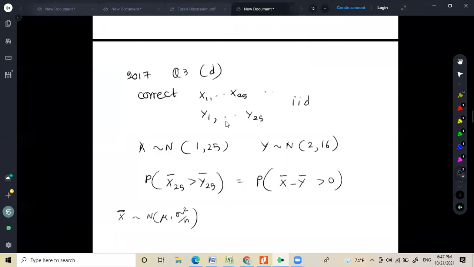The means you subtract, and the variances you add after dividing by the sample sizes. Then you can find it. I think you had a problem because they were mentioned as dependent in this question. It should be independent. Then you know how to do it.